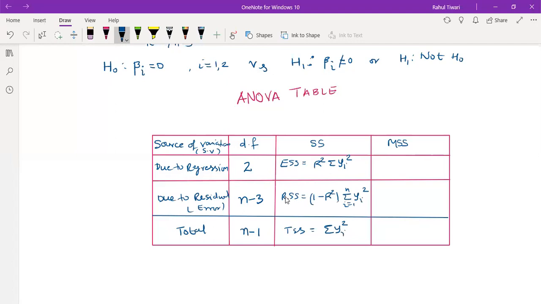If you divide by their degrees of freedom, we'll get the mean sum of squares. If we divide this RSS by n minus 3, we'll get the residual mean sum of squares.